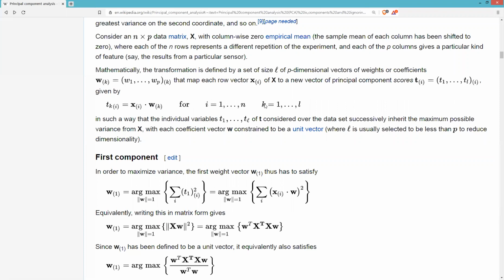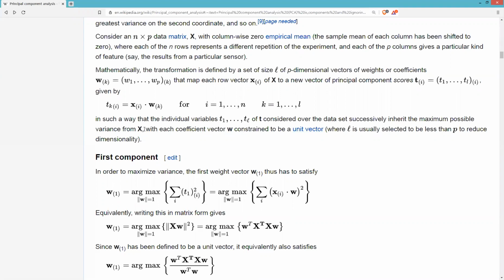In such a way that the individual variables T1 to TL of T, considered over the dataset, successively inherit the maximum possible variance from X, because the variation in X is the information.